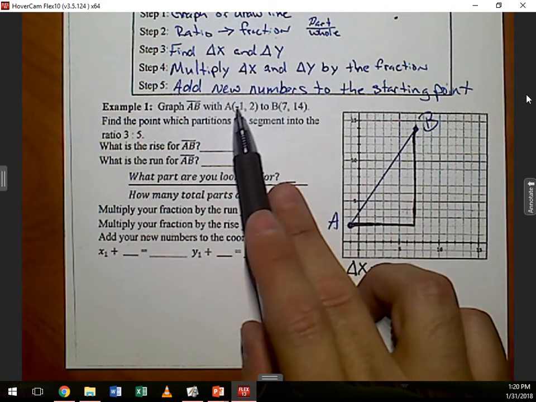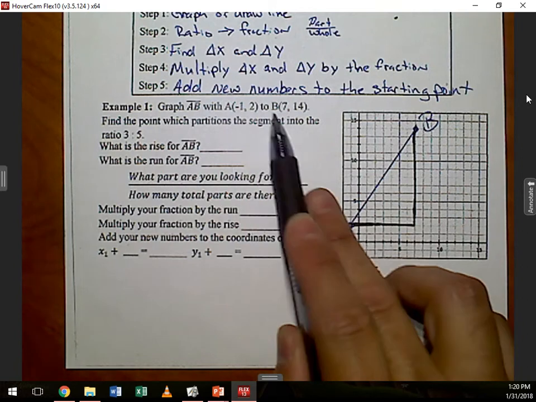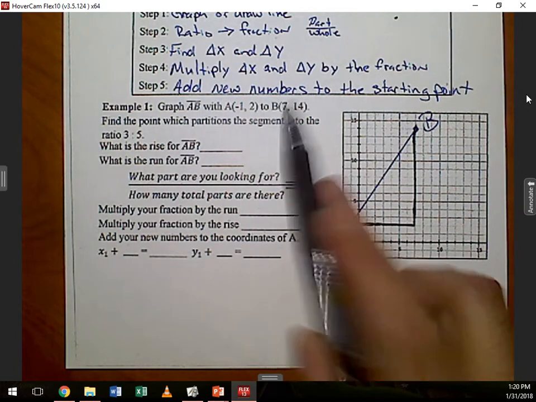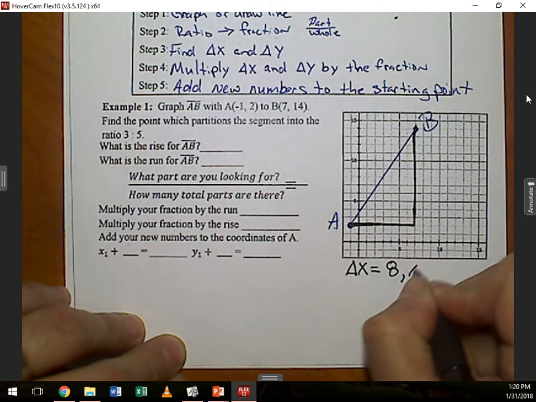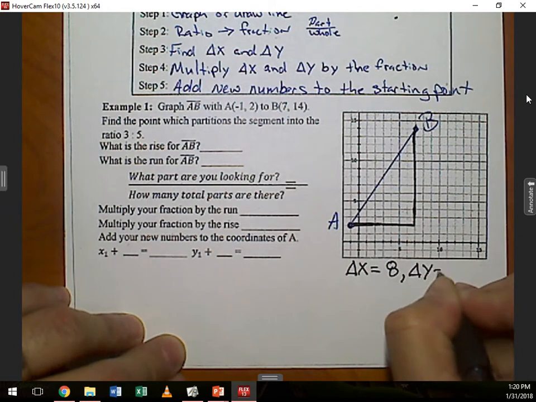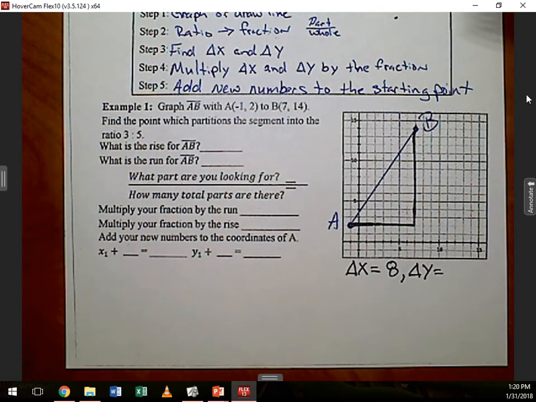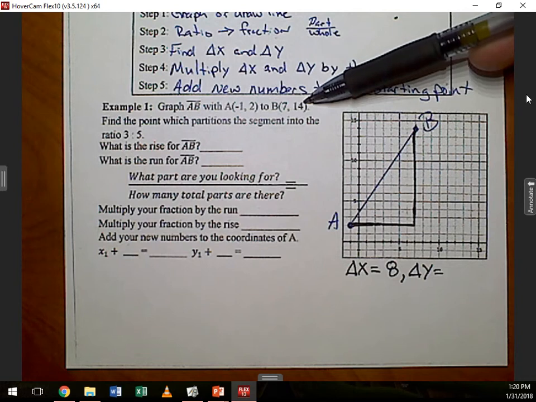How far is -1 from 7? 8. Delta y: how far is 2 away from 14? It's 12, right?